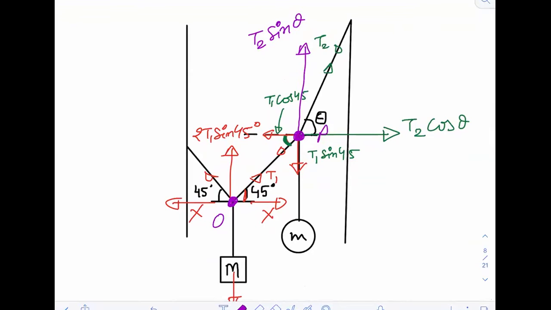Shall I leave this question here, or shall I simplify and write down the equations also? Shall I leave the question or will you solve it?